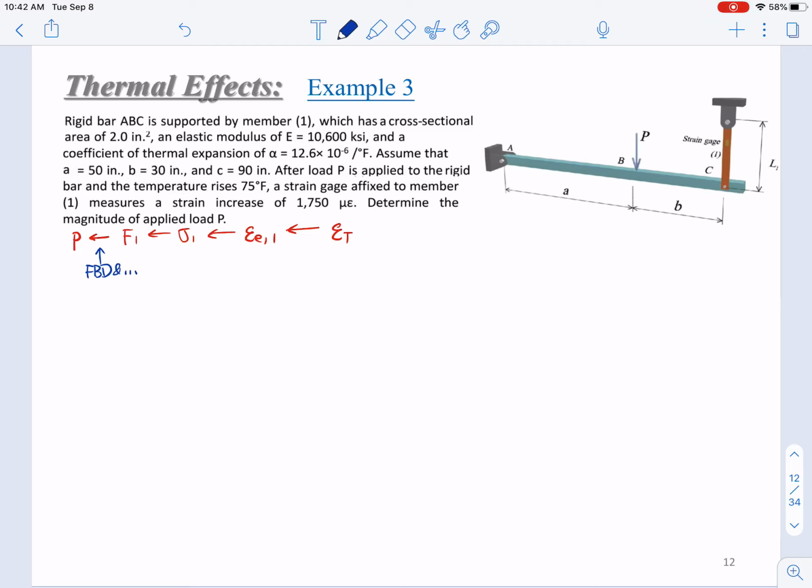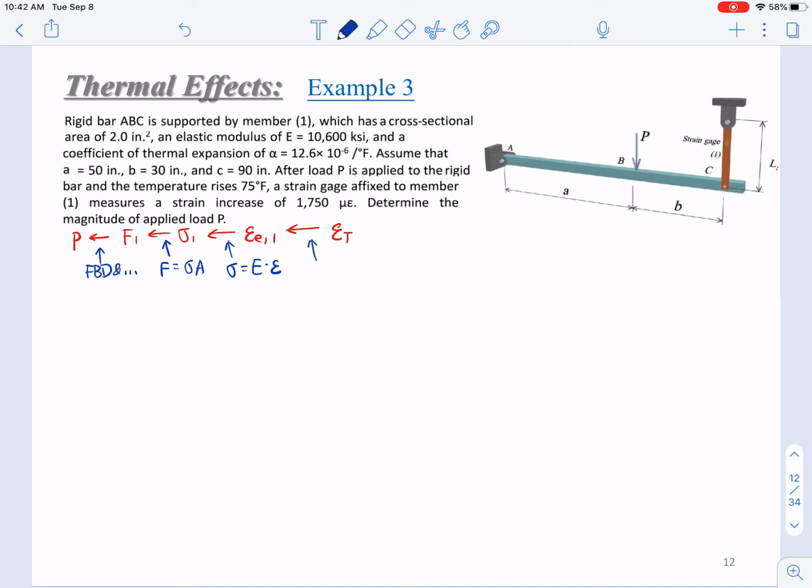In the next step, we need to use force equals stress times A. For this step, we need to use Hooke's law.